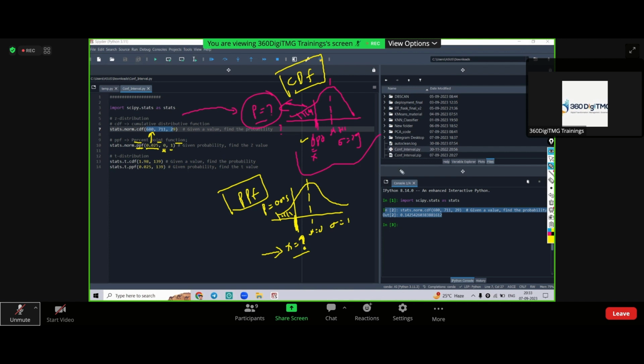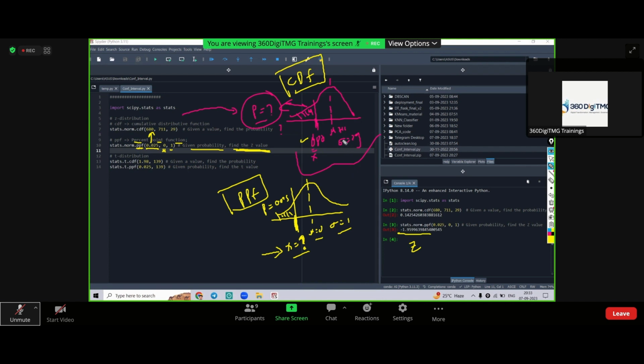So let me run this. It says given probability, find the z value. The z value, because we are mapping this with the z standard normal distribution. So let me run this. It is minus 1.959. This is my z value, because here mu is 0 and sigma is 1.